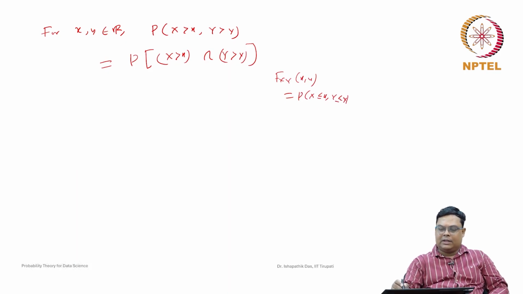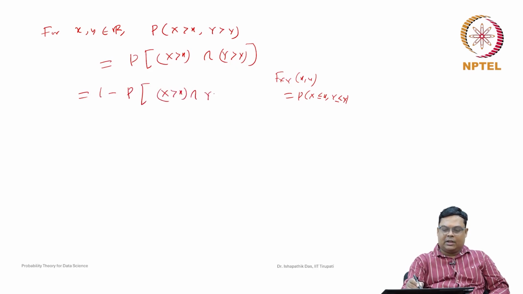But we cannot directly take the complement; we have to use some other result also. So this is nothing but 1 minus the probability of X greater than x intersection Y greater than y, whole complement. This is the whole event.